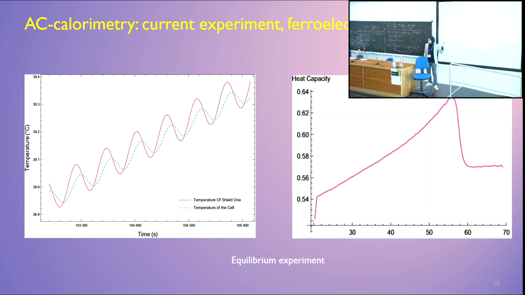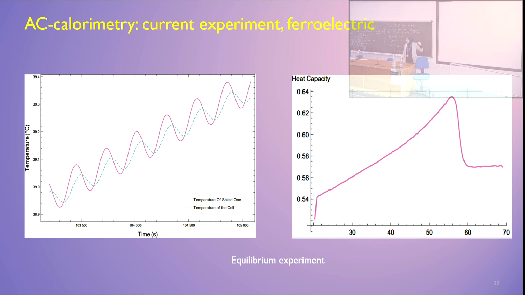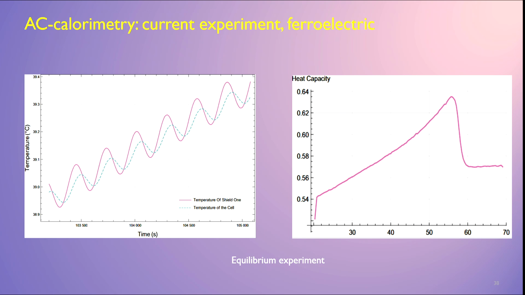This is for the equilibrium case. This is just the data that I collected from the lab, in the sense that we change the temperature with AC calorimetry. We have a bath. We put our crystal into a calorimeter, which is completely isolated, with a Peltier element, where the shield is in contact with the sample.